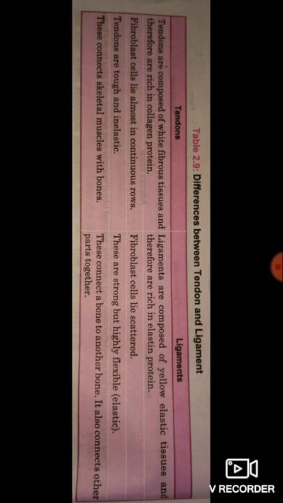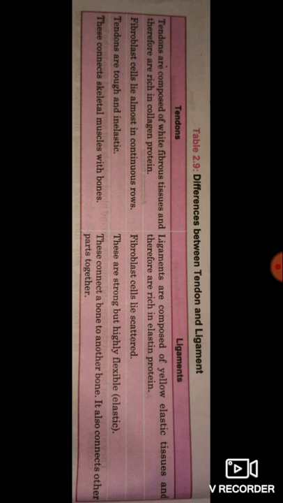Ligament, the fourth type of connective tissue. These are bundles of elastic fiber which are rich in elastin protein. The main function of this highly elastic tissue is to connect one bone to another bone.